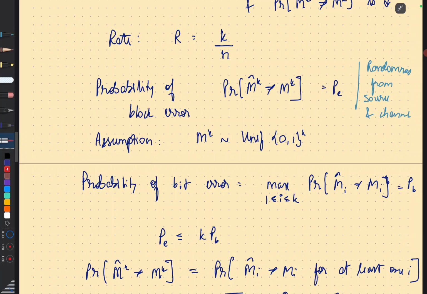But the whole point of what we'll try to prove is that it is actually possible to achieve a probability of error that is vanishing as n tends to infinity, but asymptotically the rate is something strictly positive. So in n channel uses, you can send some fraction of n number of useful information bits, right? Maybe n by 2. Okay.